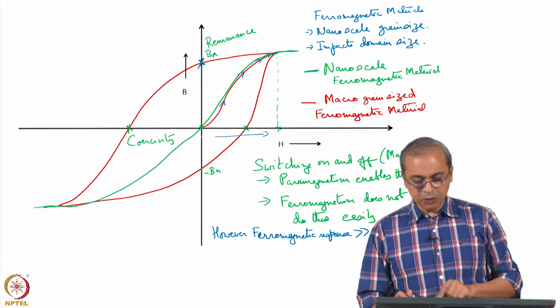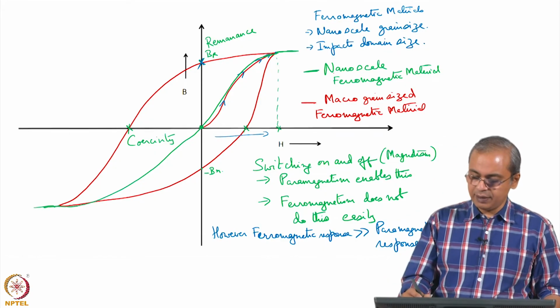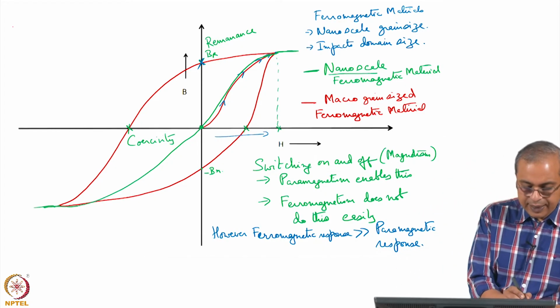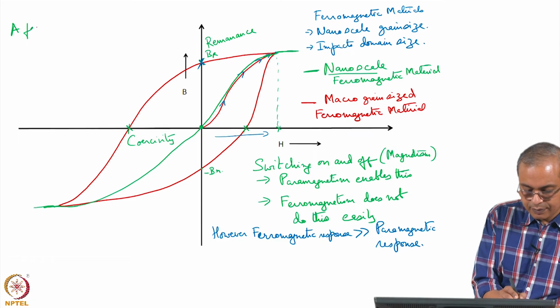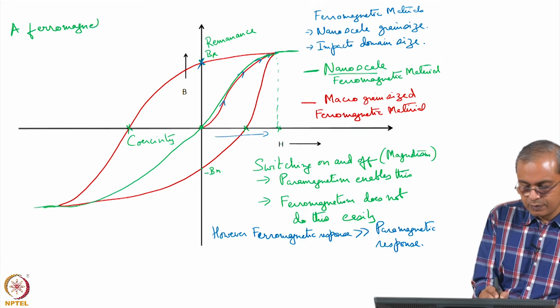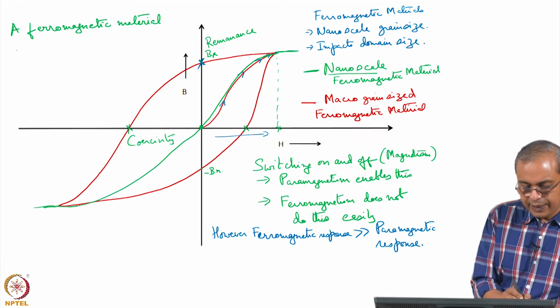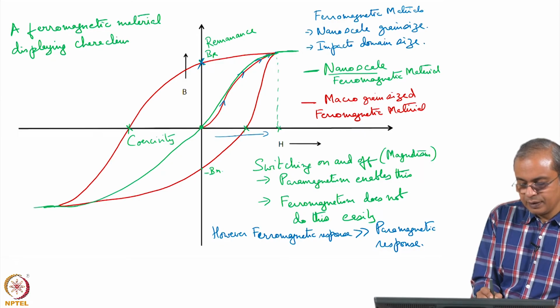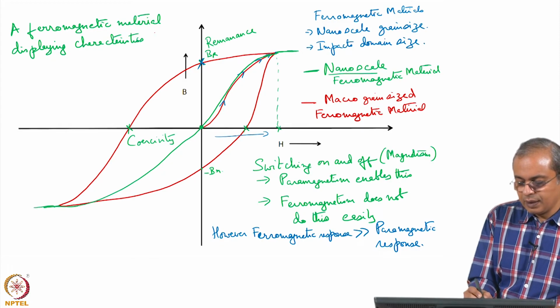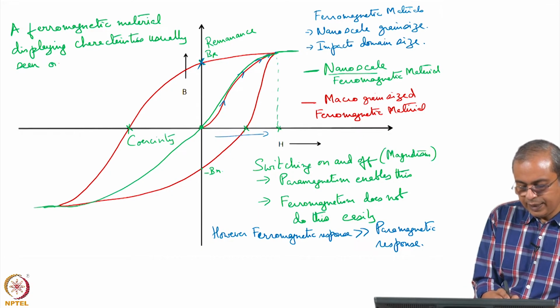So what we are now seeing by going to the nanoscale is a ferromagnetic material displaying characteristics usually seen only in paramagnetic materials.